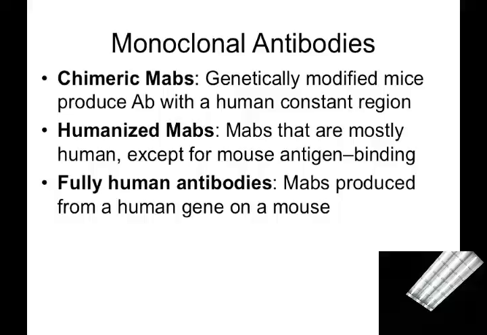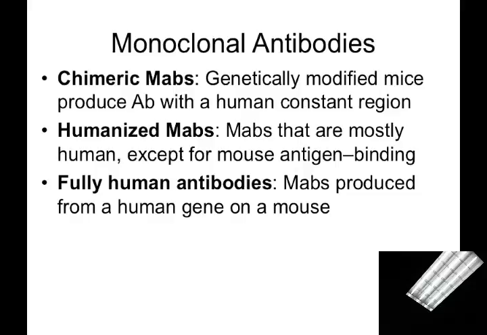All of this is encoded by mouse DNA. We can change the mouse so that this region here is all made by human DNA. That's what we call a chimeric monoclonal antibody. These regions here, the ones that change, are still mouse sequence.